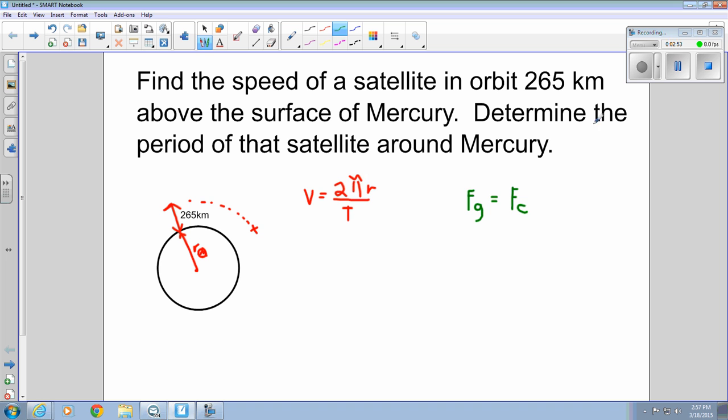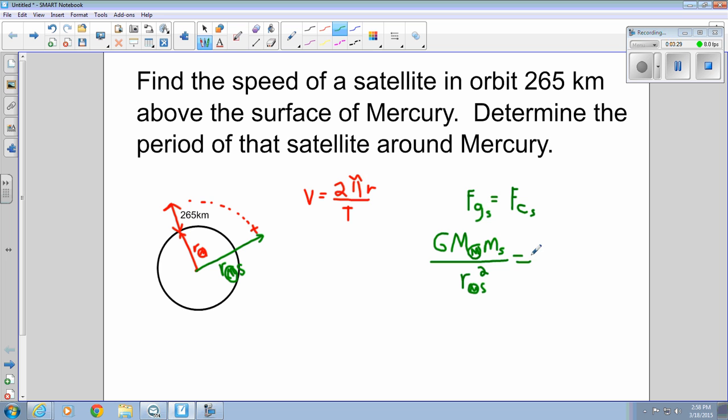What does gravity equal? The force of gravity that the satellite is feeling is equal to our gravitational constant times the mass of Mercury times the mass of the satellite, over the radius between Mercury and the satellite, this distance here, r squared.